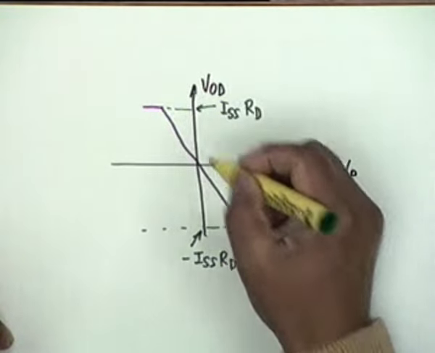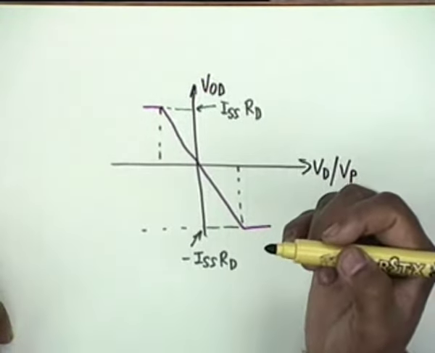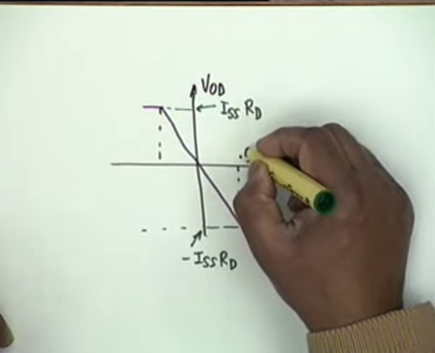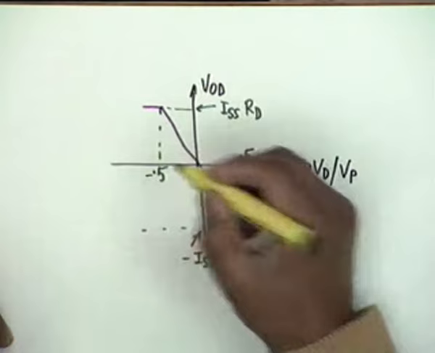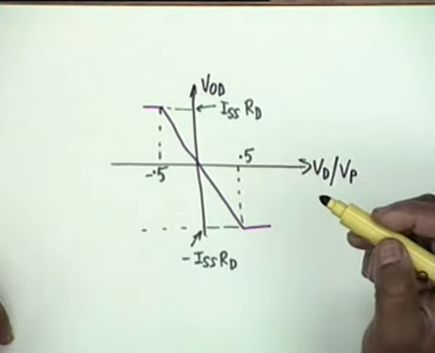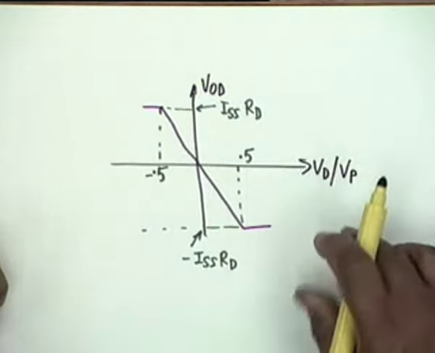And these limits of linearity, it's approximately linear when VD by VP lies between minus 0.5 and plus 0.5. Okay? So these are the limits of linearity of an FET amplifier.